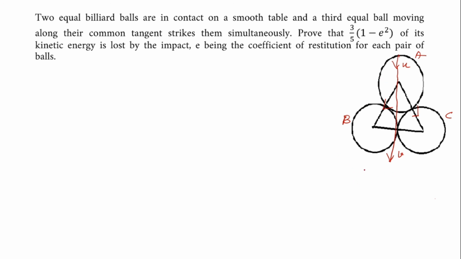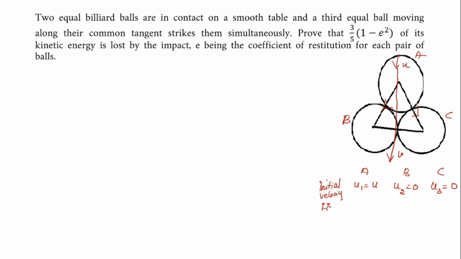So when considering the initial velocity and final velocity, B and C are at rest, so they don't have any initial velocity. A has initial velocity u. So u1, the initial velocity, is u, and for the second ball u2 is 0, and C is the third ball, it doesn't have any initial velocity, so u3 will be 0.